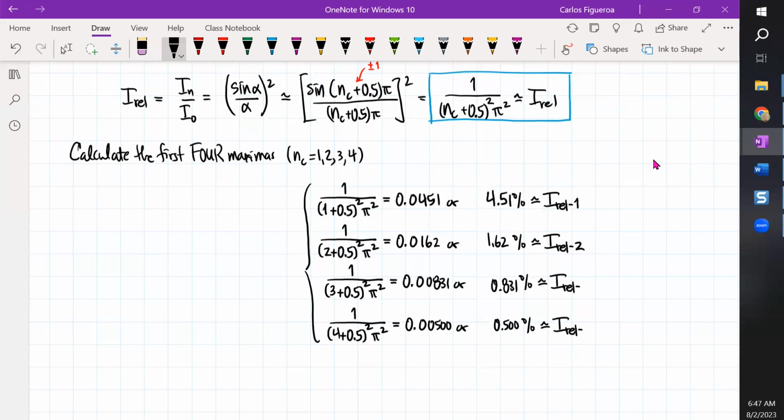And these are my relative intensities. So I better come back here, and this is I relative, which is a function of alpha, and these are the values.